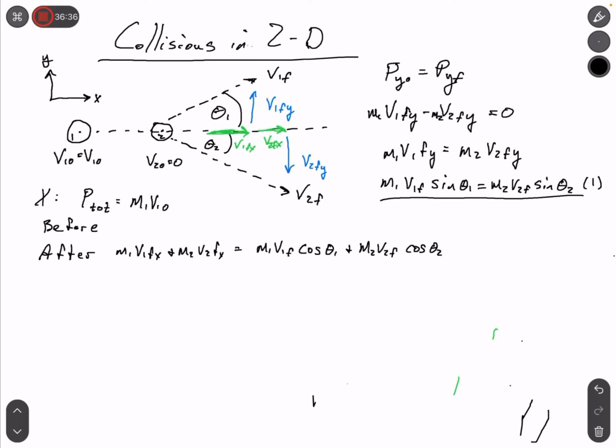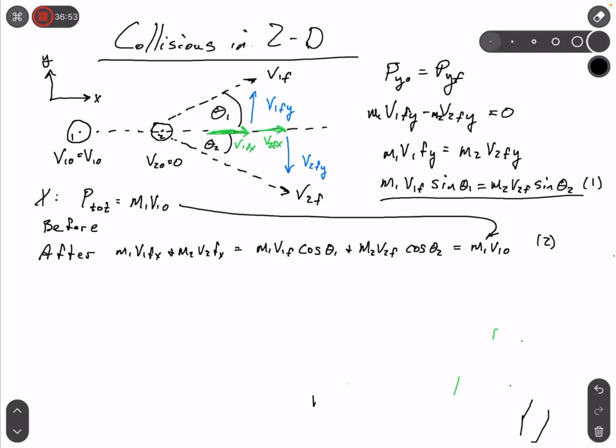Those things have to be equal to each other. So I'm going to bring this guy over and put it right here. m1 v1 0. And that is our second equation. So we've got some sweet equations going on here.